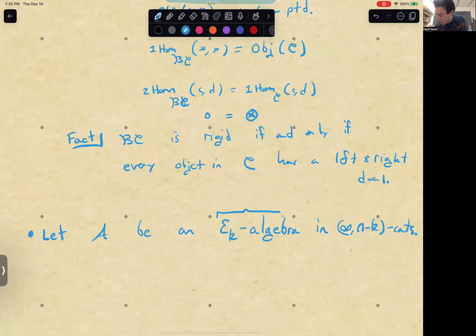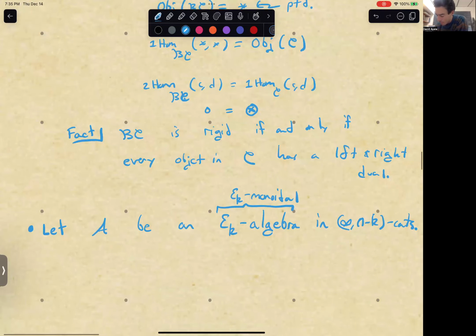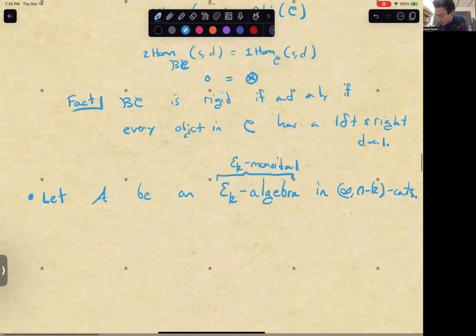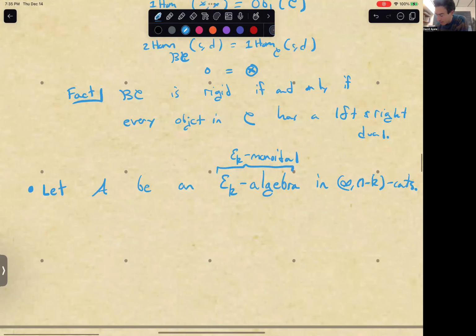In other words, it's an E_k monoidal n minus k category. Then there's a similar construction. You can deloop k times.